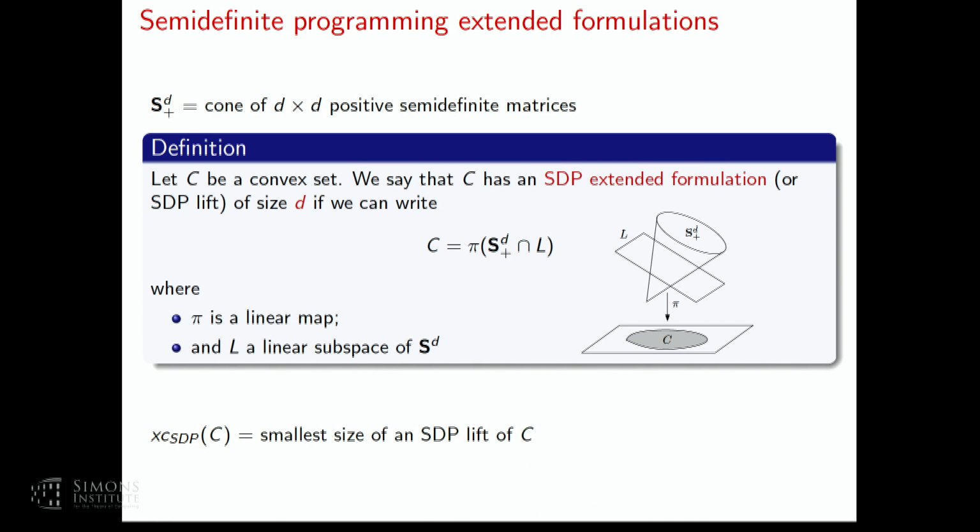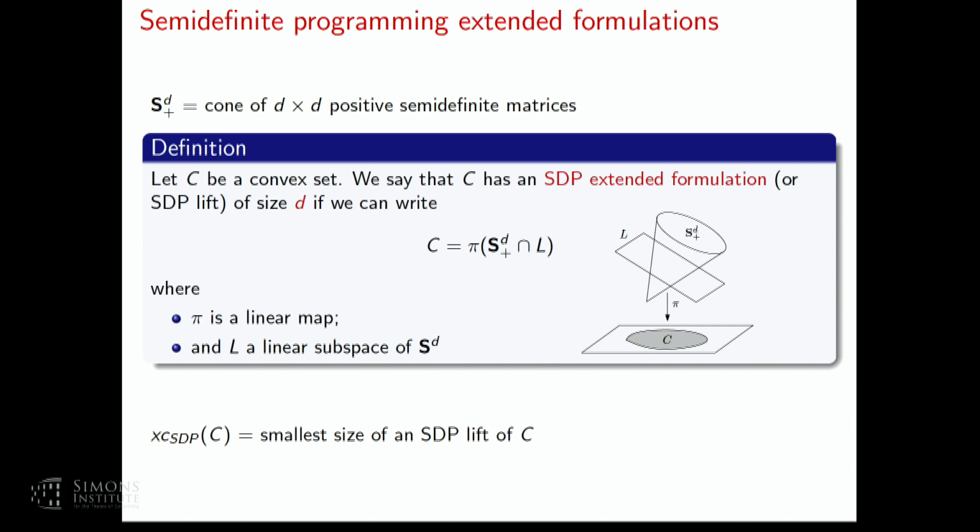Remember, a semi-algebraic set is a set that can be defined using polynomial equations and inequalities. An example of a non-semi-algebraic set is the epigraph of the exponential function. You cannot write it using polynomial equations and inequalities. You can approximate it as closely as you want, but you cannot write it exactly.